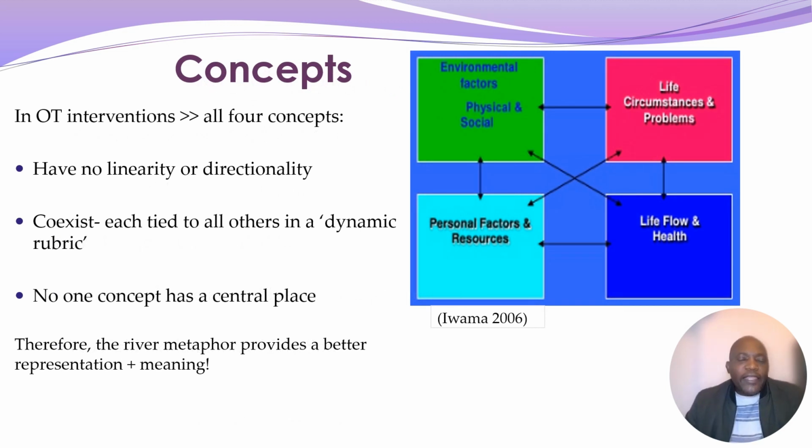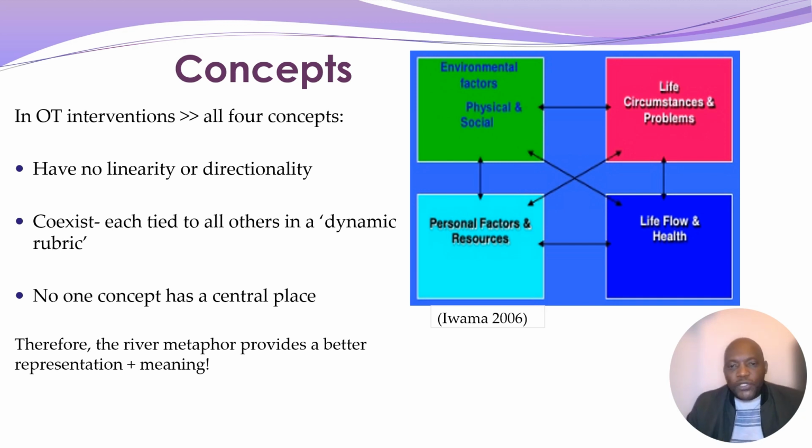Now, moving on to look at the concepts within this model. There are basically four concepts: environmental factors, life circumstances and problems, life flow and health, as well as personal factors and resources. So initially, when Michael was trying to work out a way of presenting the concept following the pattern of conceptual models developed in the West, we have the PO, there's a diagram with 3 circles, like a Venn diagram, and then we have CMOP-E also as a diagram.